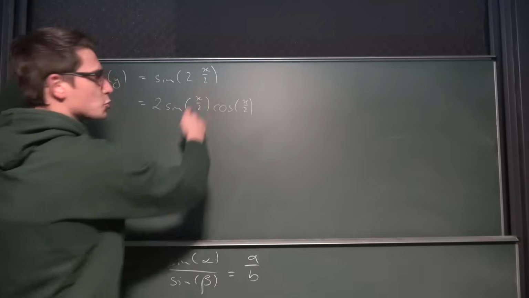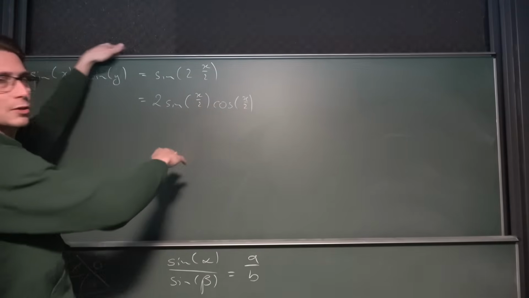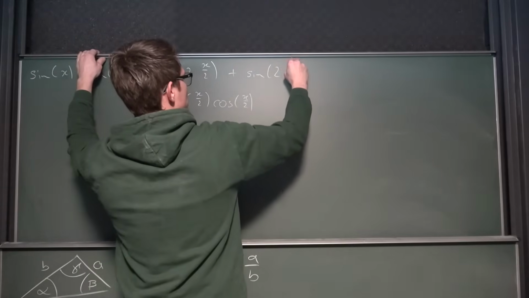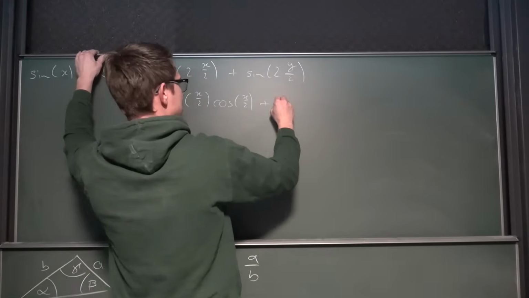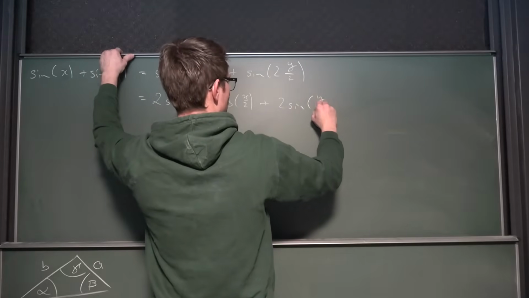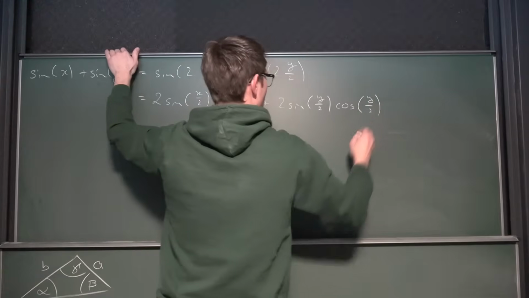If we take 2 times y over 2, we are going to get 2 times the sine of y over 2 times the cosine of y over 2. So plus the sine of 2 times y over 2 is going to result in basically the same expression, plus 2 times the sine of y over 2 times the cosine of y over 2.